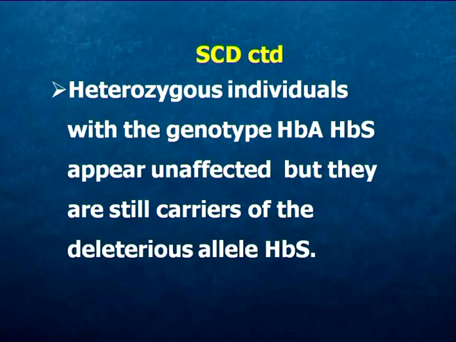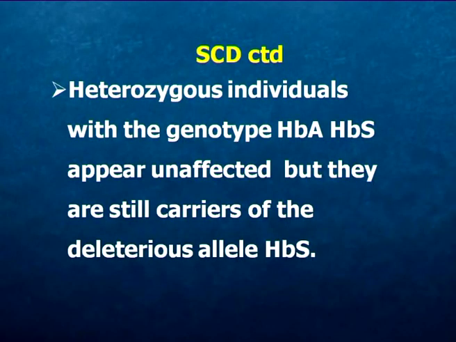Now, heterozygous individuals with the genotype HbA, HbS. Ante ikkada both genes are there, the dominant as well as the recessive. So, such people heterozygous for sickle cell gene appear unaffected, but they are still carriers of the deleterious allele.